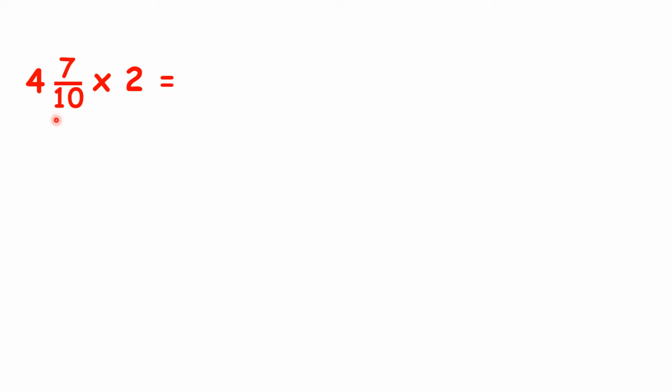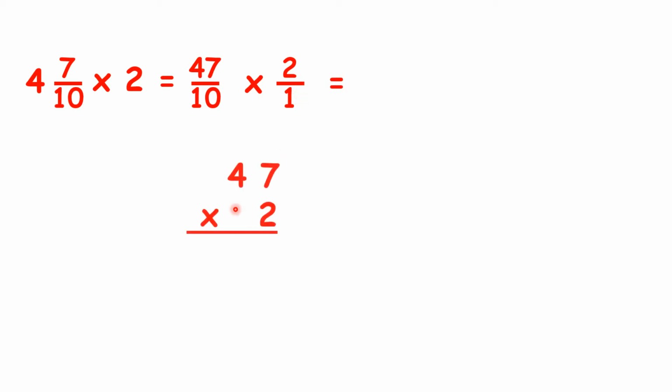Now, what is 4 7/10 times 2? We change to an improper fraction, and we can multiply by 2 over 1. 47 times 2 is 94, so as an improper fraction, our answer is 94 over 10.